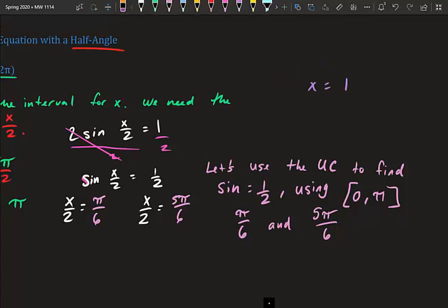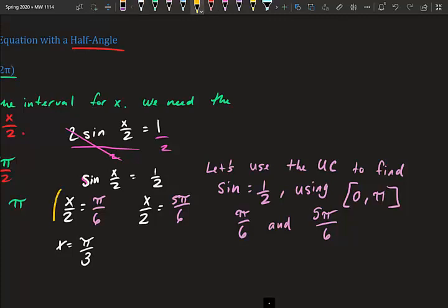So let's go ahead and solve for x now, finally, and we're going to do that by multiplying. So we multiply, and we get pi over 3. If you're wondering what to multiply by, 2 over 1.